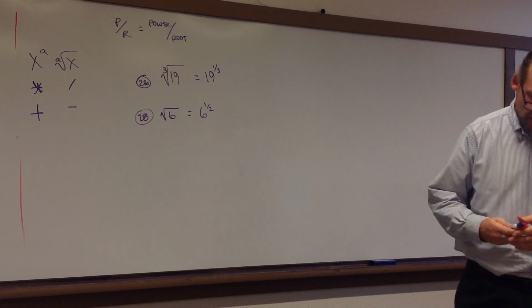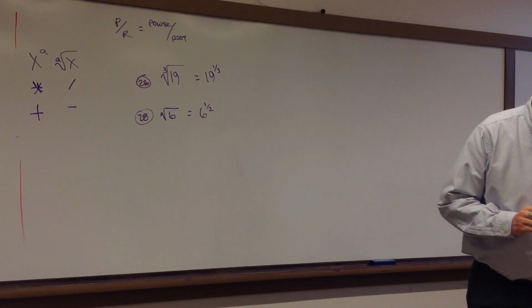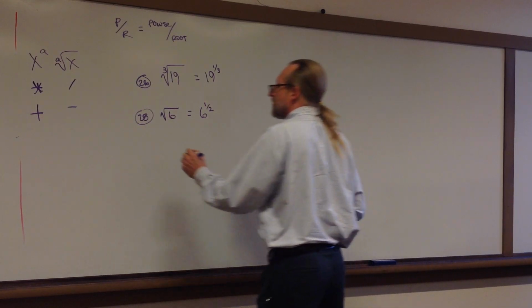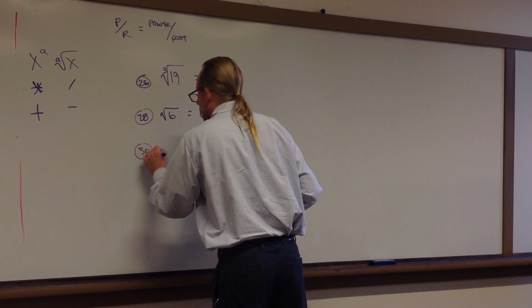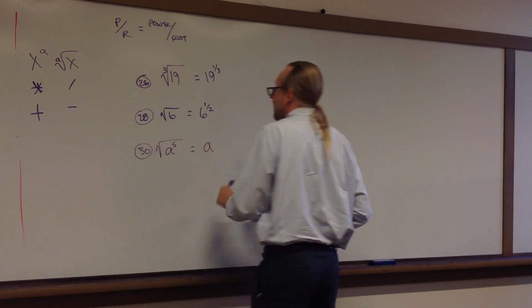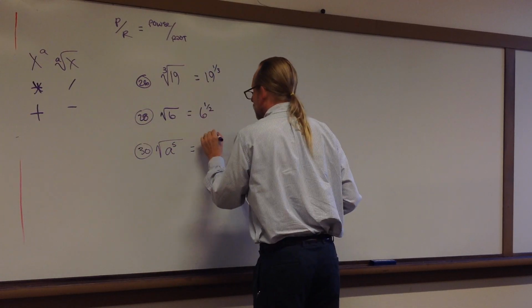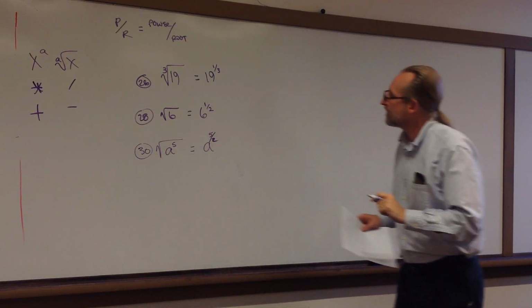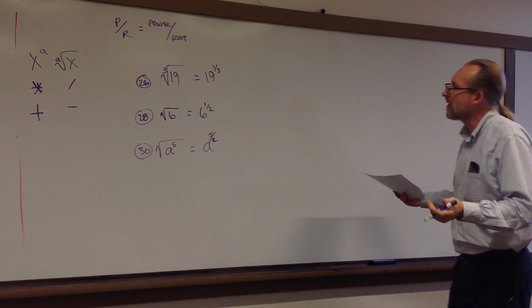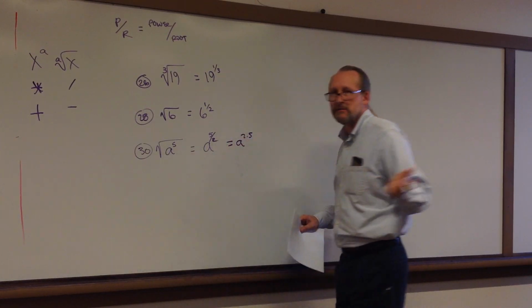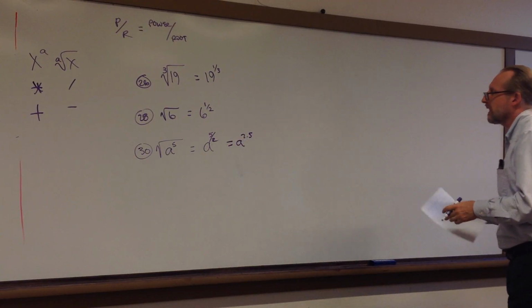Okay, so let's look at some more of these. Problem 30. We've got this square root of a to the 5th power. So that's going to be a. The power goes in the numerator. The root, which is 2, goes in the denominator. A to the 5/2 power. If you want to call this a to the 2.5, that's fine. I don't have a big problem with that.